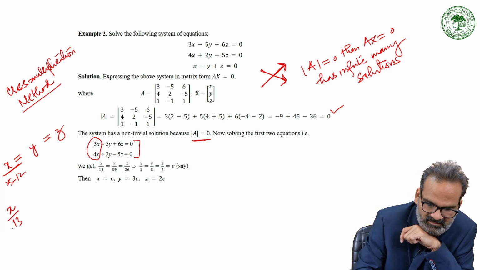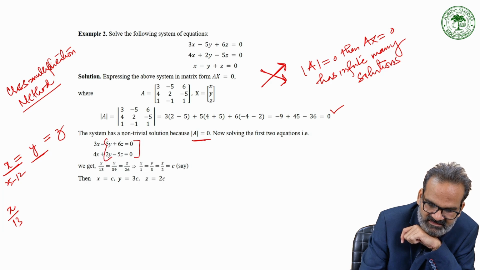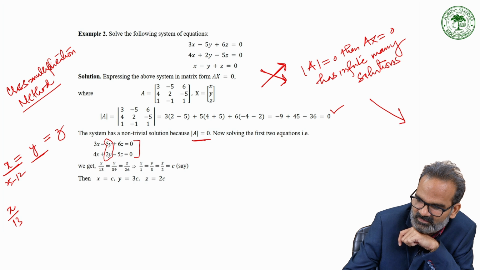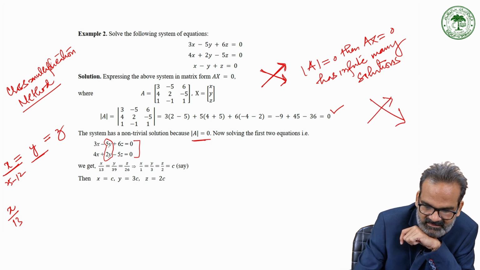x upon 13, case 1. Now what is y? Take the terms of y. So the terms of y should not be considered here, and again use the process of cross multiplication like this. 3 should be multiplied with 5.